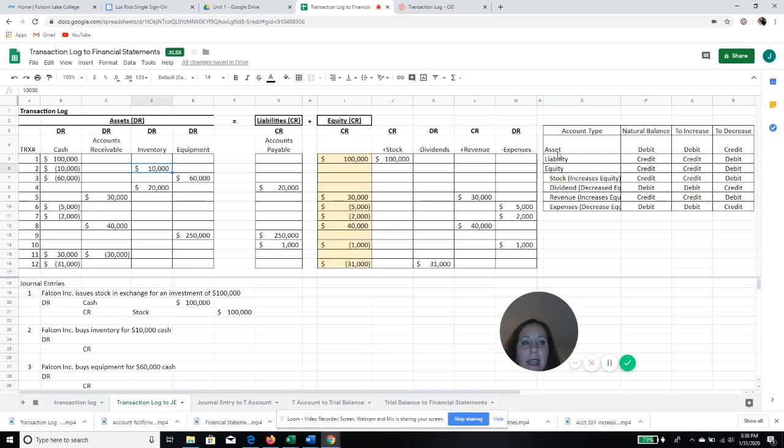Inventory is an asset, so to increase inventory, we will debit. So I'm going to debit inventory, $10,000. We also decreased cash. Cash is an asset, so to decrease cash, we are going to credit. So I'm going to credit cash for $10,000.